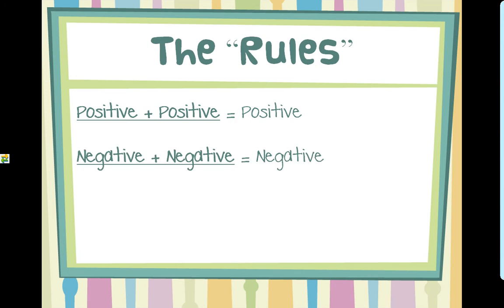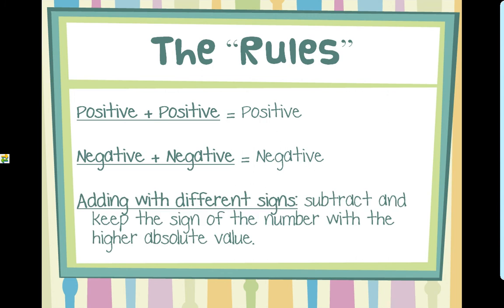Now this may be different for you. You have a negative plus a negative is equal to a negative. And if you add with different signs, meaning if you have a positive plus a negative or a negative plus a positive, you're actually going to subtract and keep the sign of the number with the higher absolute value.